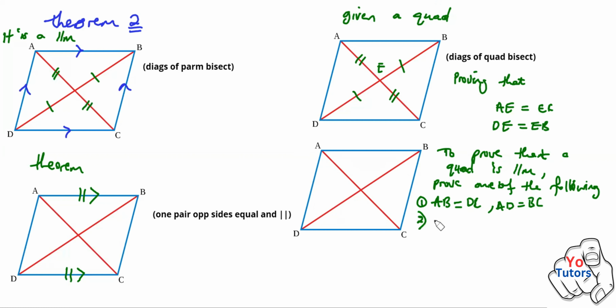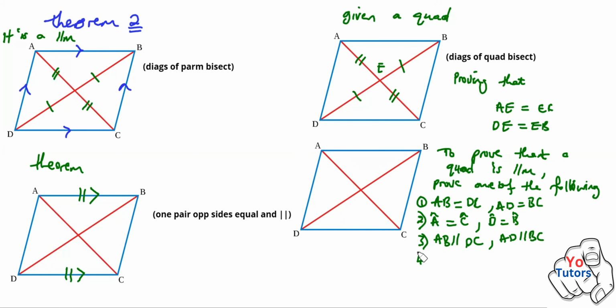Number two, angle A must be equal to angle C, and angle D must be equal to angle B. Number three, the opposite sides are parallel, so AB must be parallel to DC, and AD also parallel to BC. You must find both, then you can say opposite sides are parallel.